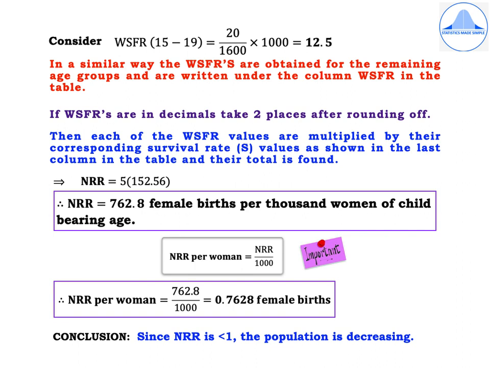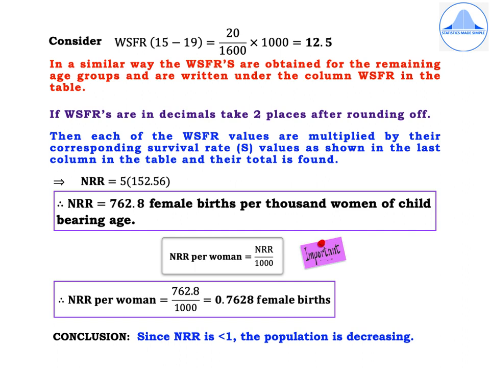And you know that if the WSFR values are in decimals, then take only 2 places after the decimal after rounding off. Now we have to calculate WSFR into S, and the values obtained are written in the last column in the table, which are 12.11, 17.05, 53.50, 43.79, 19.17, 5.71, 1.23.